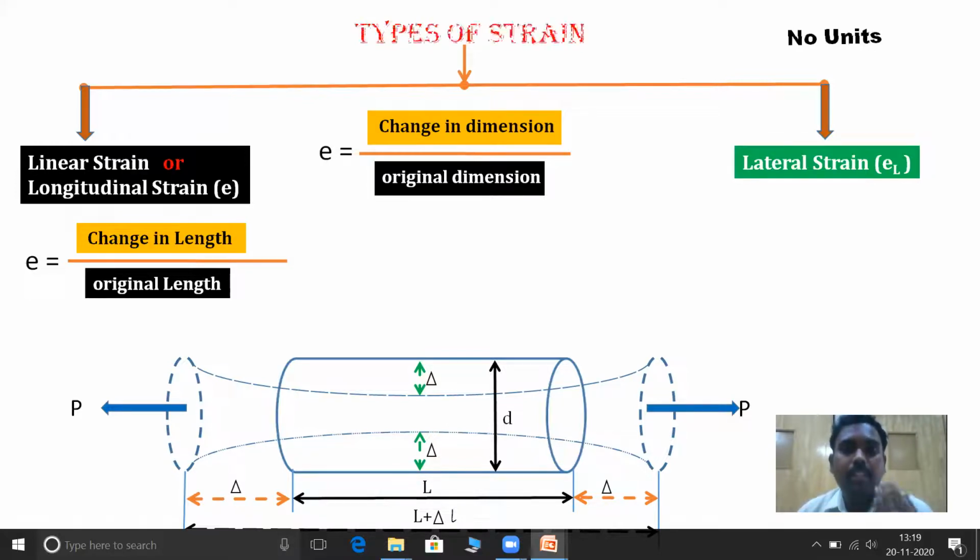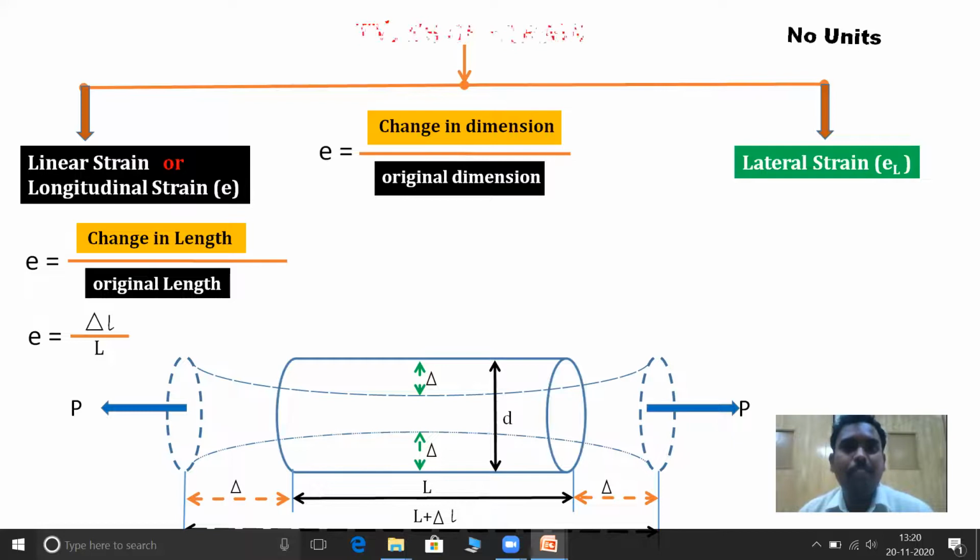If you are asked the definition of a particular longitudinal strain, then you are supposed to use the word length, that is the change in length divided by original length. Understood? So then the formula becomes E is equal to delta L divided by L. Delta L is nothing but change in length, capital L is nothing but original length.